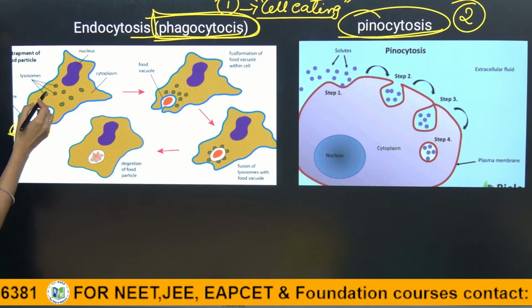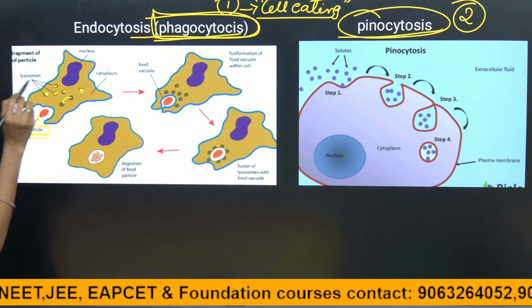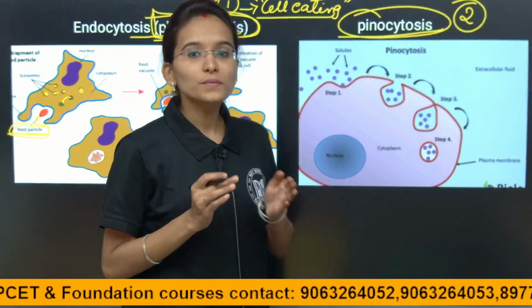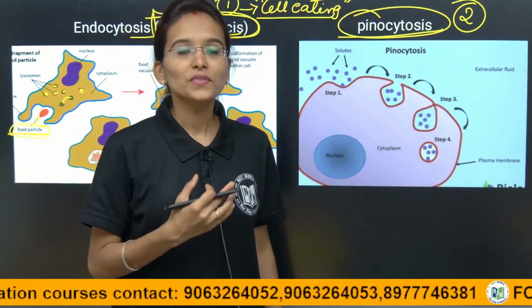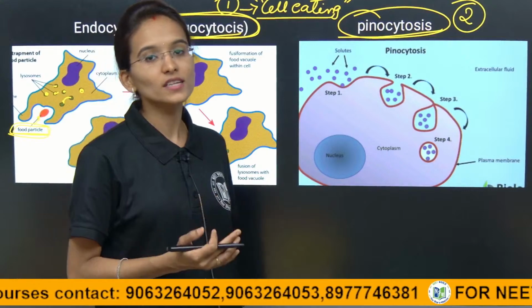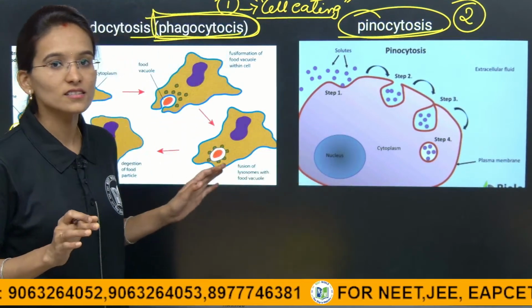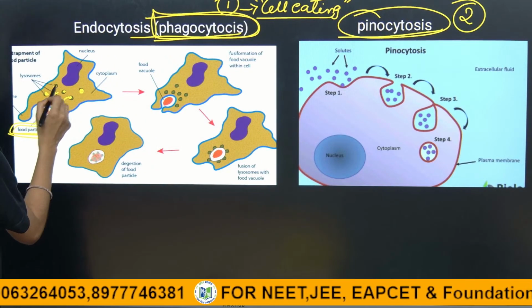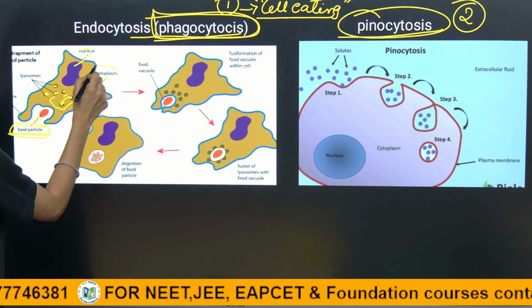Inside the amoeba we have lysosomes. About lysosomes we are going to study in detail, but actually the lysosome is a single membrane bound cell organelle which is involved in digesting the cellular waste materials. These are the lysosomes, this is the nucleus and everything else is the cytoplasm.